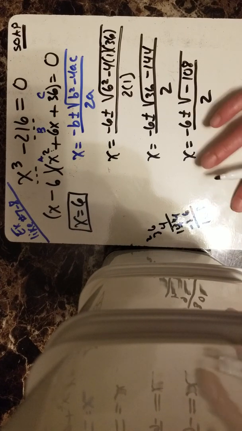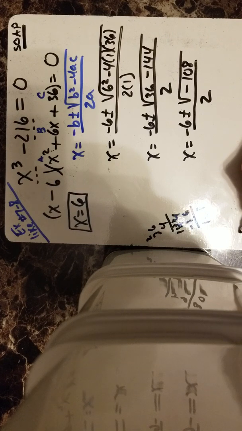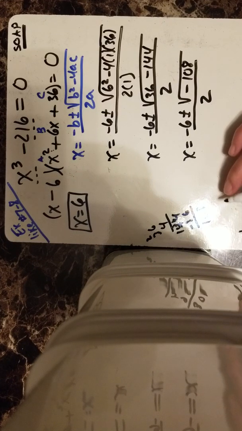I'm guessing that it's going to be 36. So 36 times what is 108? Probably 3. Yep, so 36 times 3.